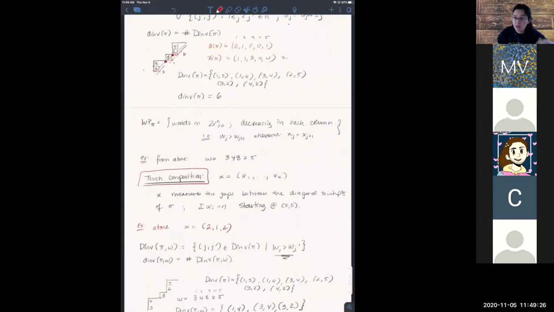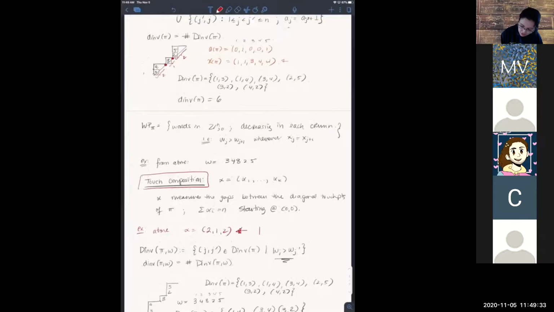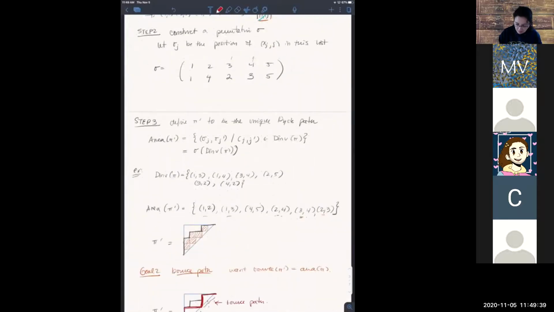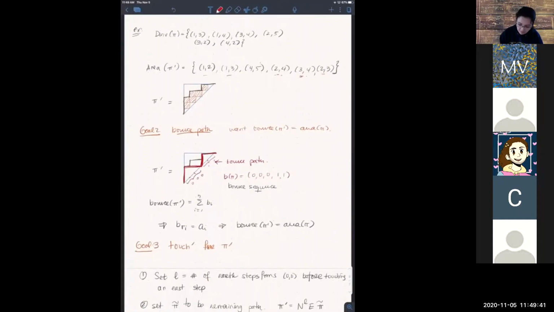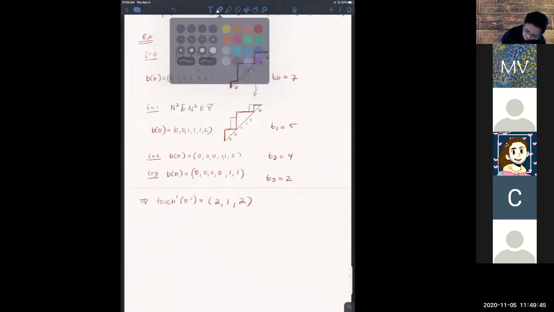This was 2, 1, 2 reading from the bottom to the top, right? You get this composition. That's exactly the same. So this was touch pi, right? And then we constructed the pi prime of that example. We computed the new touch prime, and you see that it's exactly the same thing, right? So the whole point is that this is in fact equal to touch pi.